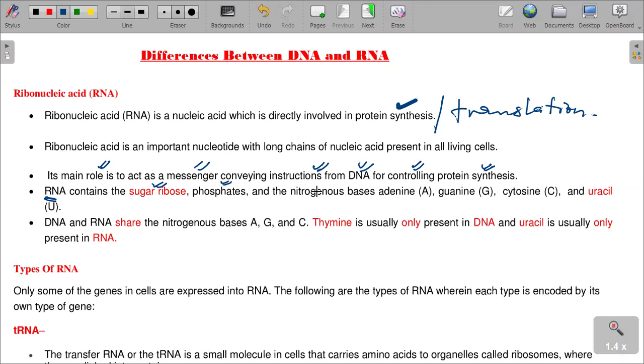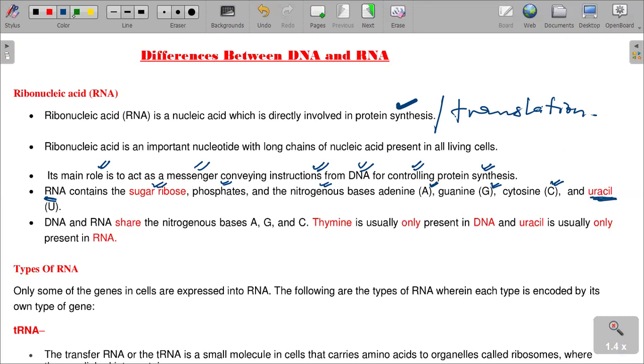It also has nitrogen bases. Likewise, there are four nitrogen bases in RNA: we have adenine, guanine, cytosine, and the unique one, which is uracil.